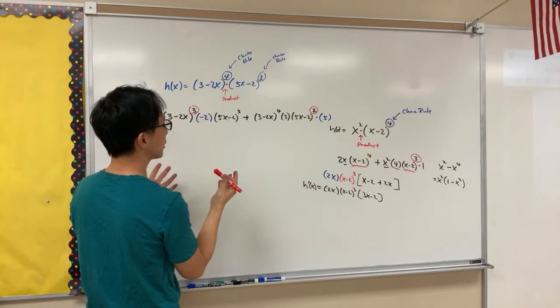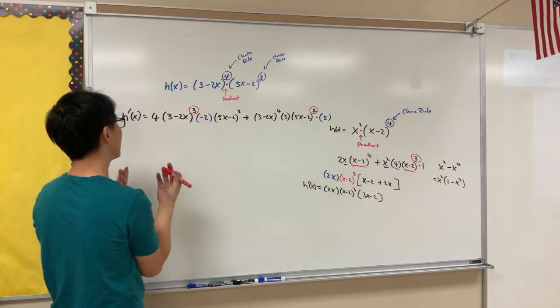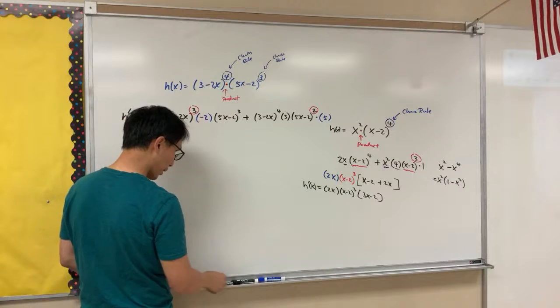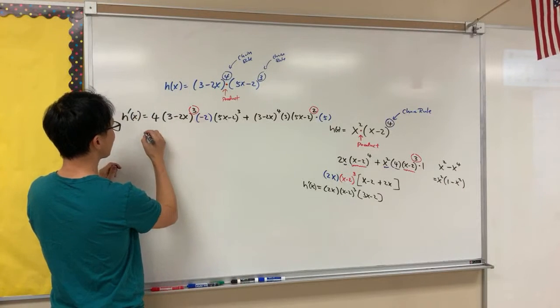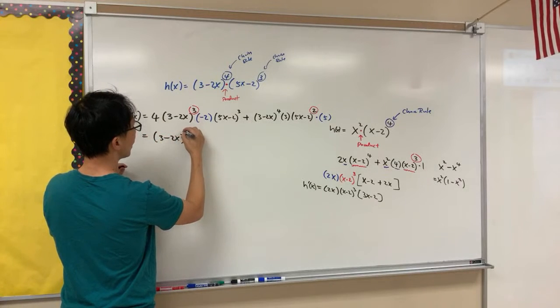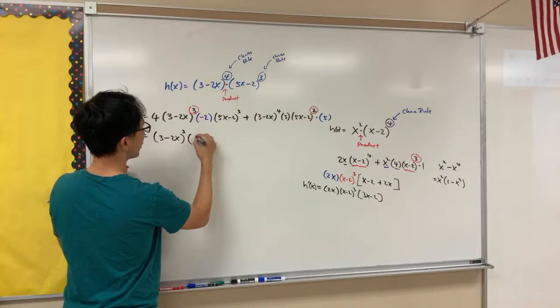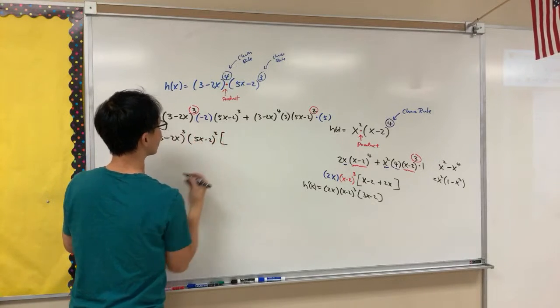And maybe there are other things I can take out. Let's see, there's probably not 3 and 5, negative 2 and 4. There's nothing to take out, so I'm going to take out just those things. So that's equal to (3 minus 2x) to the third power, as well as (5x minus 2) to the second power, and then bracket.